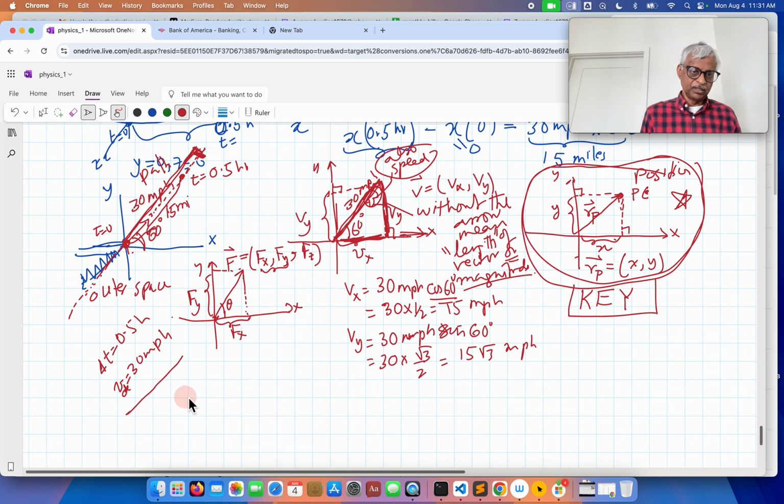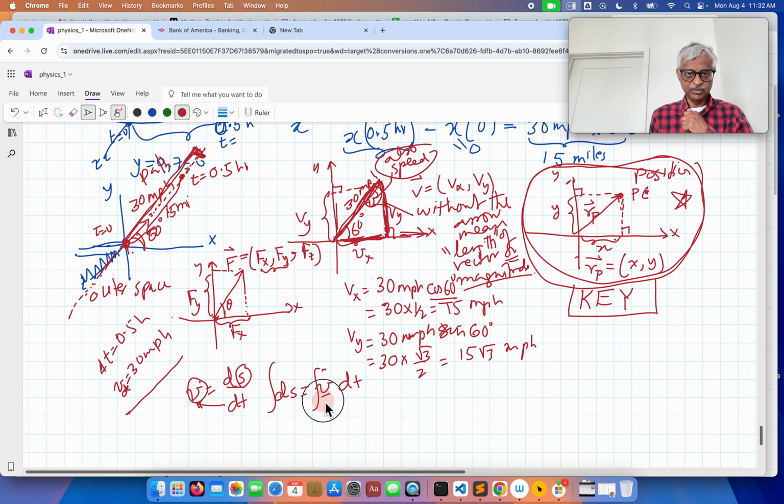Then of course, remember the speed definition is ds dt. S is the distance traveled. So if you bring it over there, and this is constant, ds will be v dt. So if I integrate, and v is constant, v is not a function of t, it will come outside. This is going to be the total distance.